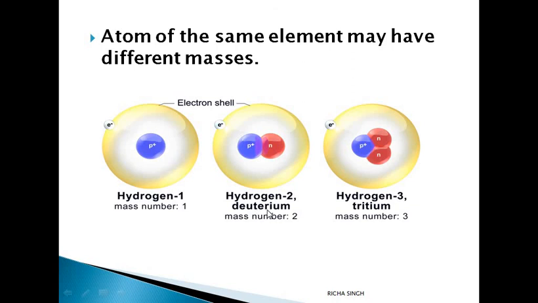It is known as deuterium. And when it has 2 neutrons and 1 proton, then it becomes tritium or hydrogen 3. So this proves that the same element may have different masses. The term given for this is isotopes. We will study this in detail. For now, you just have to remember this drawback.